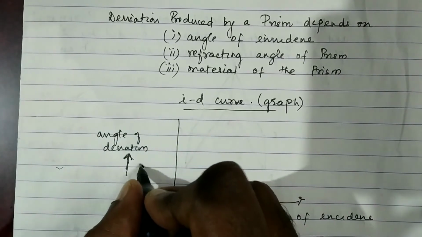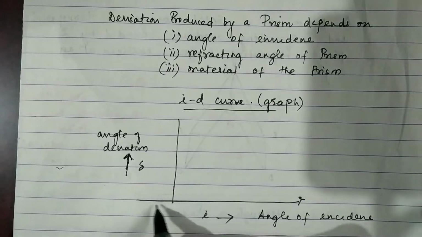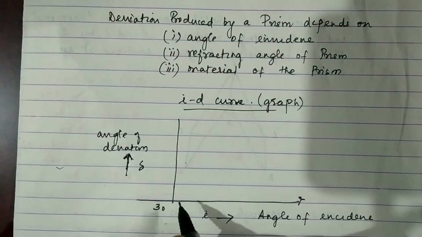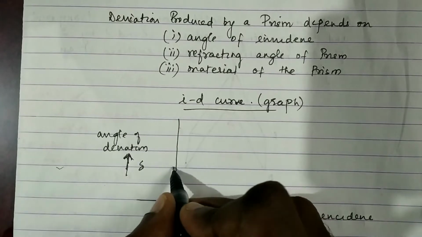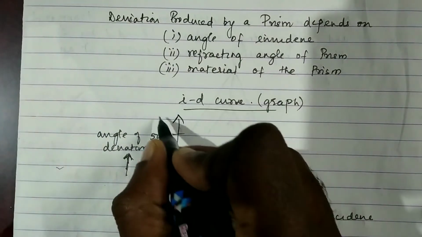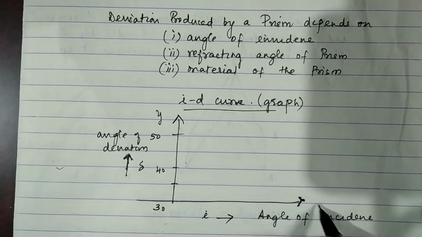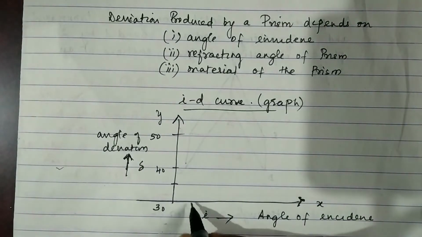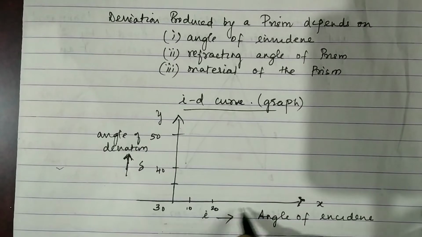Let this be 30, 40, 50, this is the y-axis and this is the x-axis. So here 10, 20, 30, 40, 50 and so on.